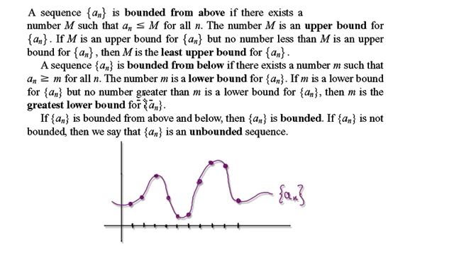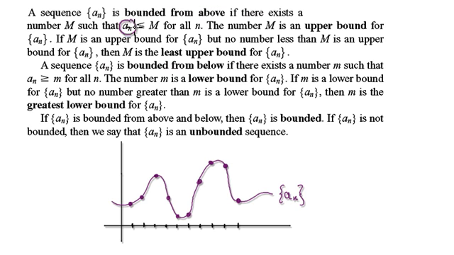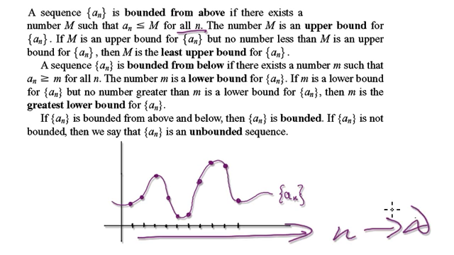So basically what it's saying is that this sequence is bounded from above if there exists a number M where all the terms of that sequence are always less than or equal to M for all n, meaning all the way as n goes towards infinity.